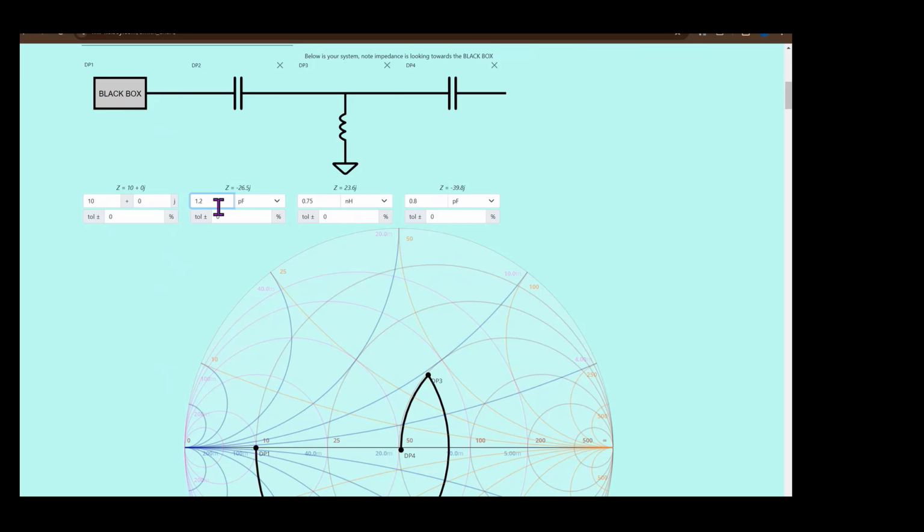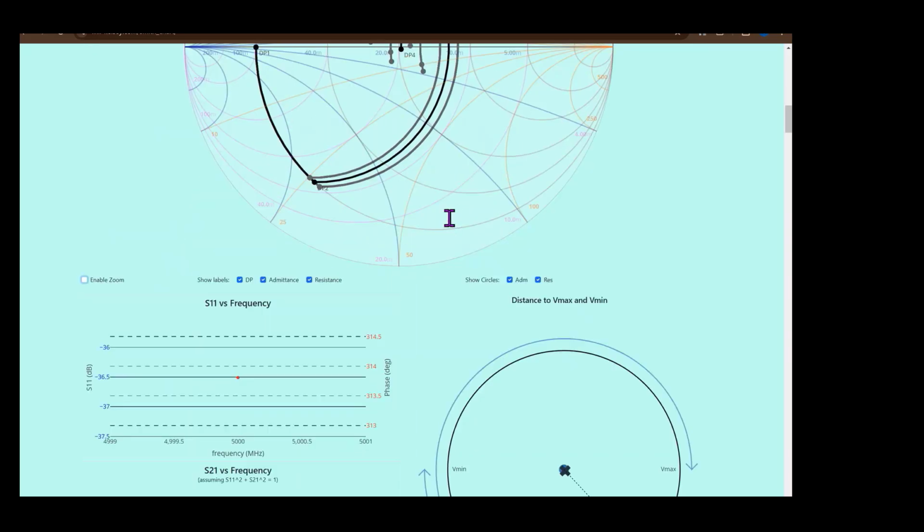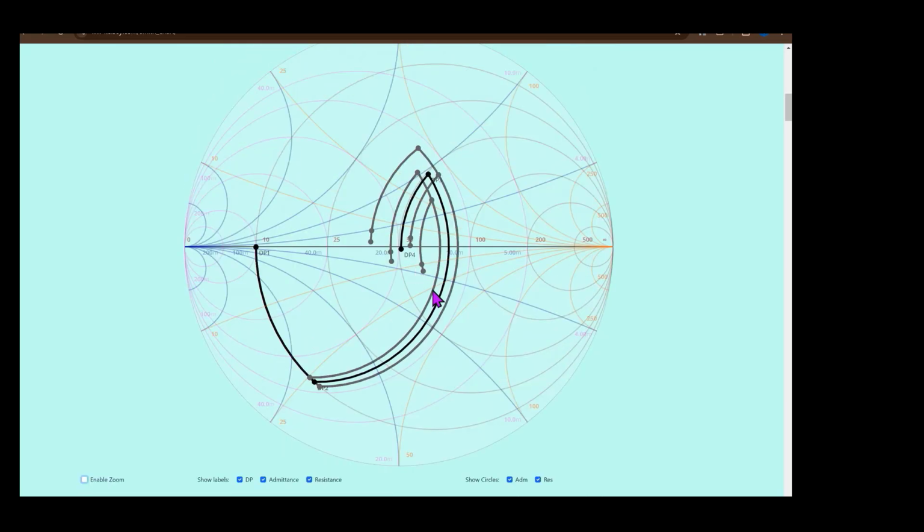It's a standard value. 0.8, I don't remember. Sometimes you can find 0.8, sometimes you can't. 0.75, I think I can generally find. These are all going to have tolerances when I buy them. Most of the time, if I'm buying cheap parts, they're going to have 5% tolerances. And so when I add all of those tolerances, this just shows me the range of possible values that I might have after the tolerances are added to the circuit.